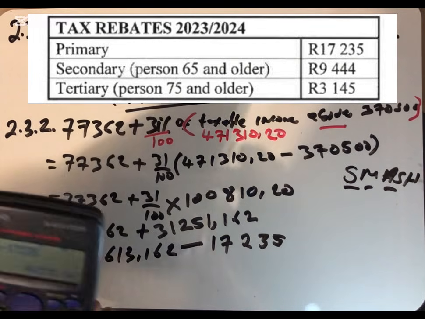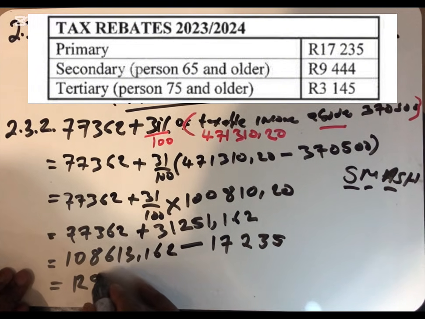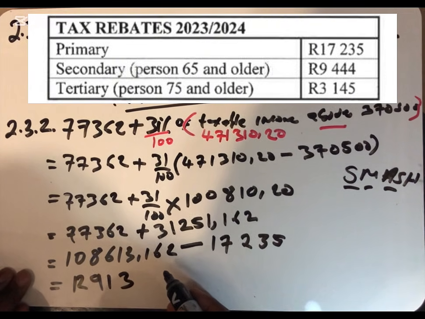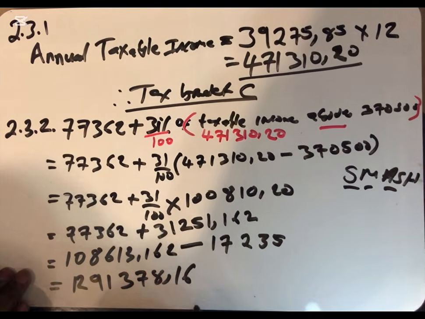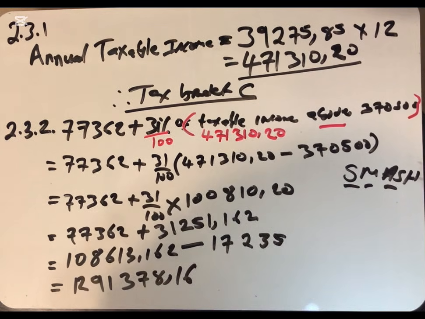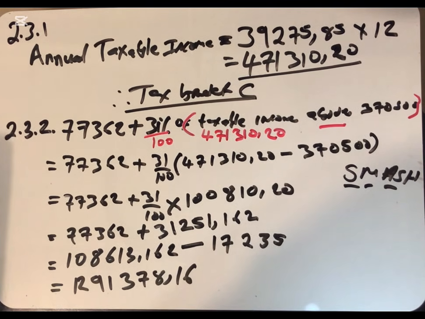We found that this person is now going to pay the amount of 91,378.16. This is the amount that she's going to pay for tax. This question, question 2, contained 30 marks.